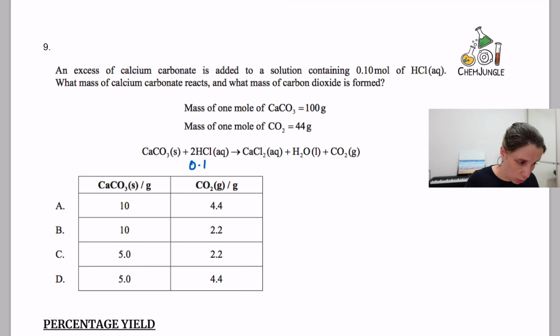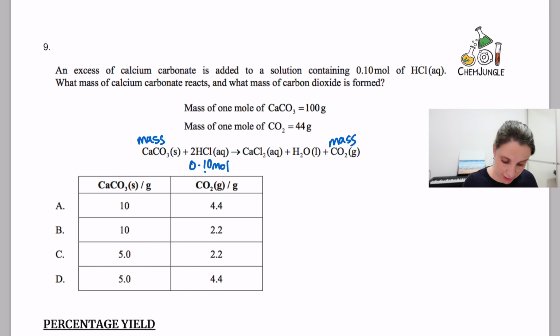So immediately I'm writing 0.10 moles here, because I want to make sure that I'm attaching numbers to the compounds that they relate to. What mass of calcium carbonate reacts, and what mass of carbon dioxide is formed? So they want the mass of these two things.